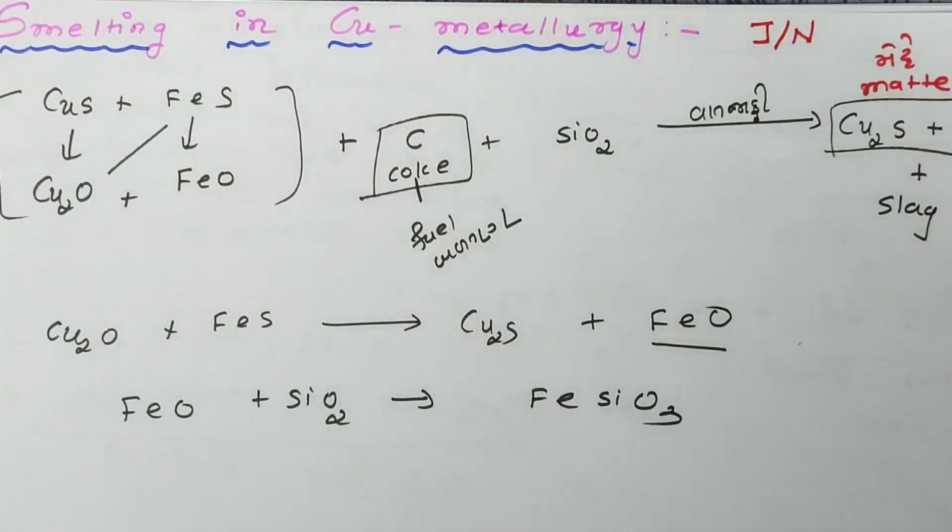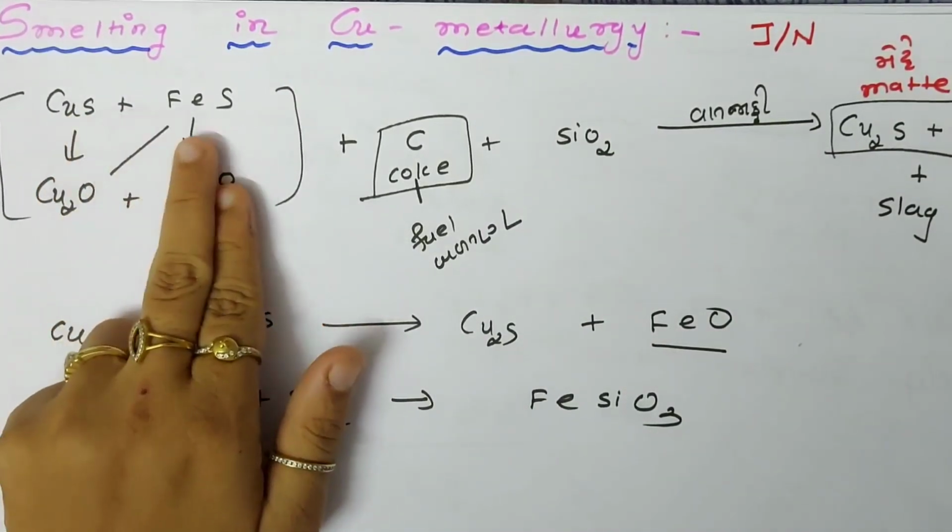Now the next topic is smelting in Cu metallurgy. Means for the extraction of copper, how the smelting process is used. So while extracting copper, its mineral is available in this form, a mixture of CuS and FeS.